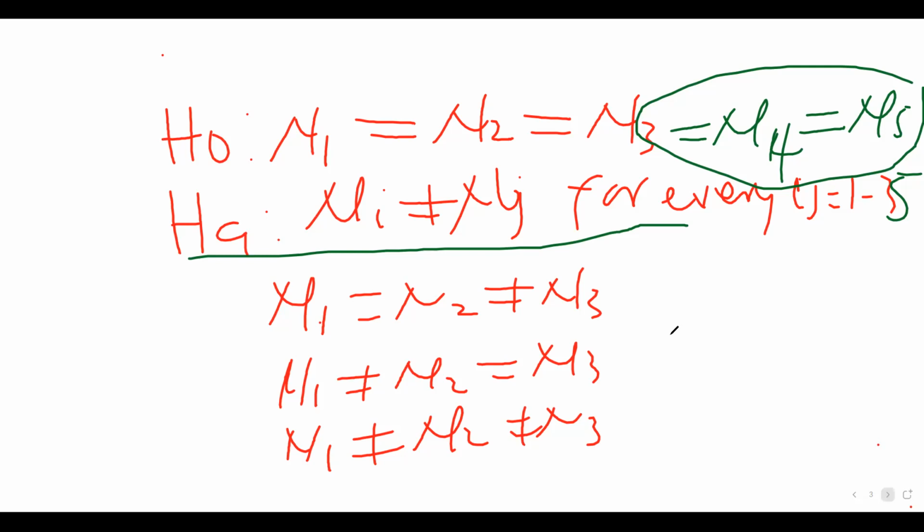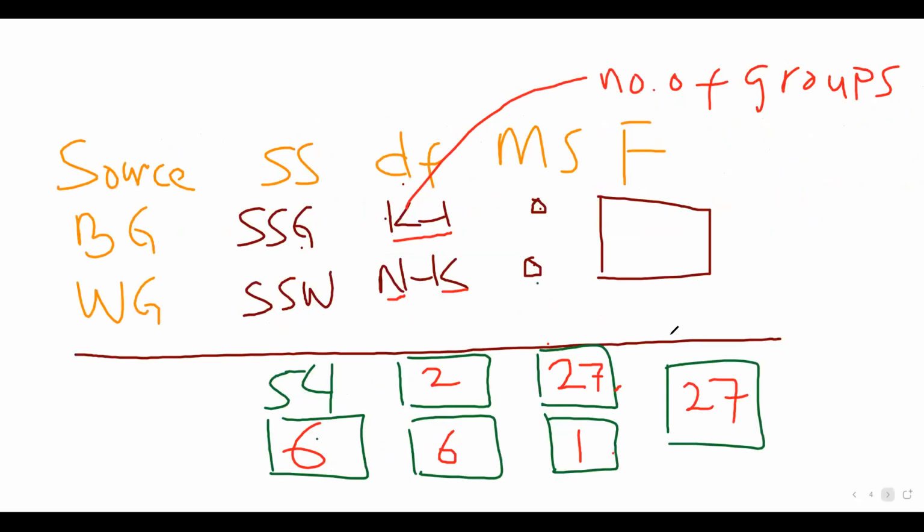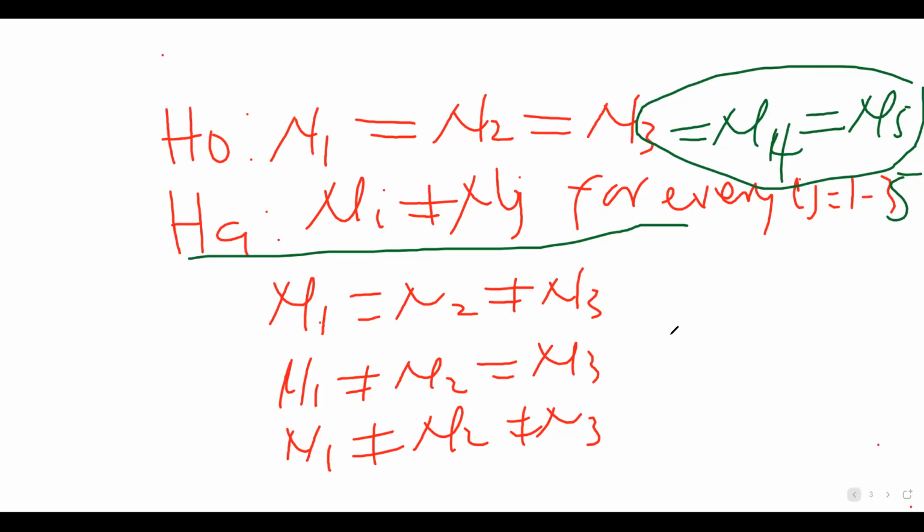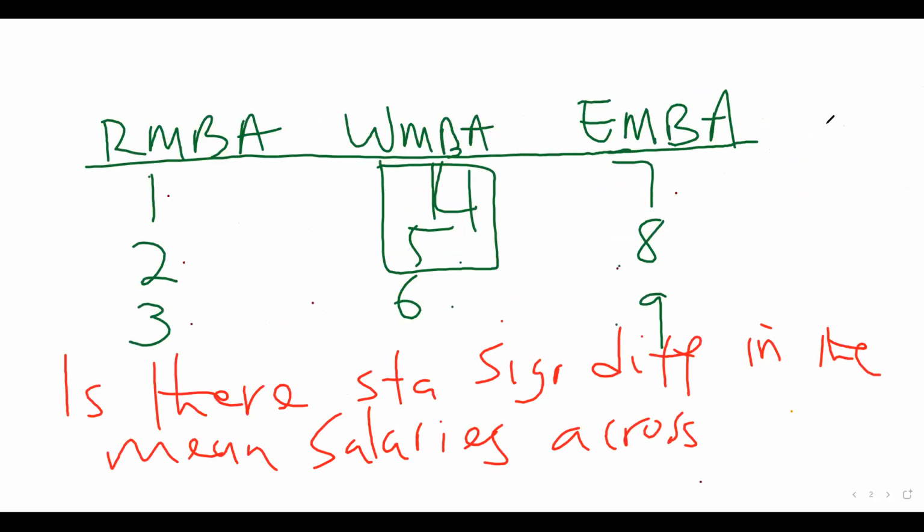So on the basis of this, if there is a statistically significant difference, then we can now conclude which groups of MBAs are earning the largest salary. Statistically speaking now, it's the EMBA, exactly, and we have to now indicate by how much.